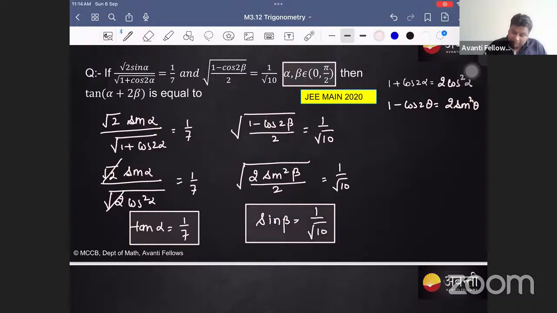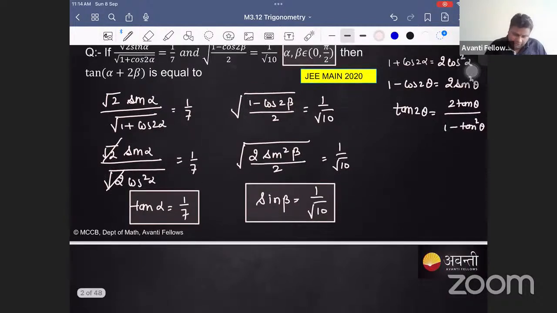Now, another formula which I am going to use is tan 2 theta equals 2 tan theta upon 1 minus tan square theta. Got it. Now they are asking you for the value of tan alpha plus 2 beta.